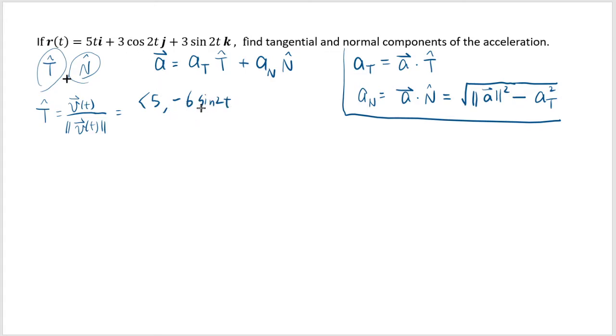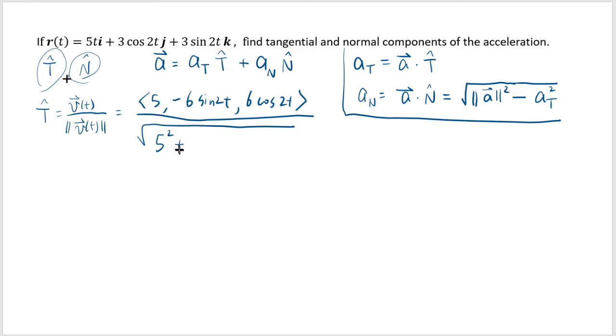Cosine differentiates to negative sine, and because of the chain rule, when you bring 2t out and differentiate, it creates a 2. 2 times 3 gives you 6. And this one is a derivative of sine giving cosine, and 2t creates 2, so it'll be 6 cosine 2t.